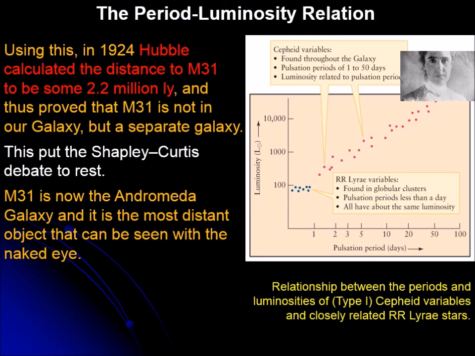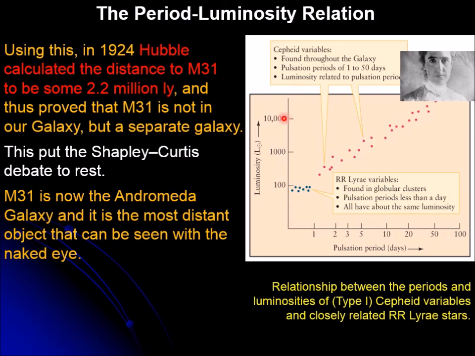So here we have the relationship that he came up with, and this is presented in a log scale, so it looks more like a straight line. And you can see that this is the period of oscillation of the brightness in those Cepheids, in days.